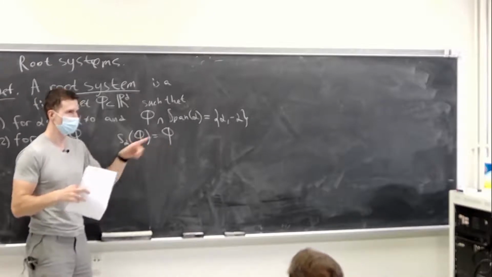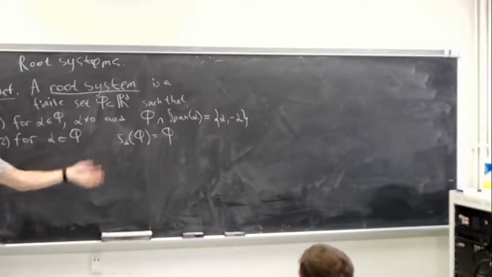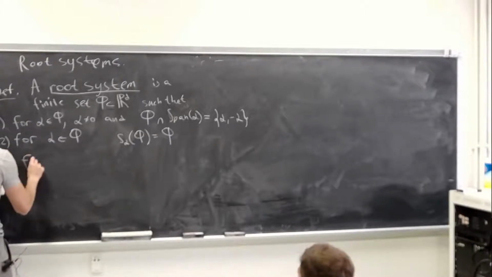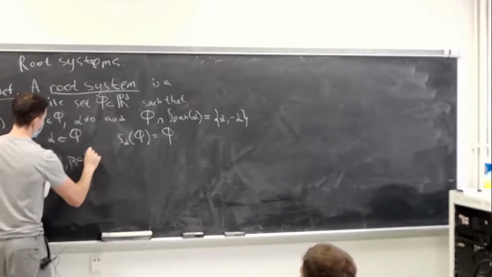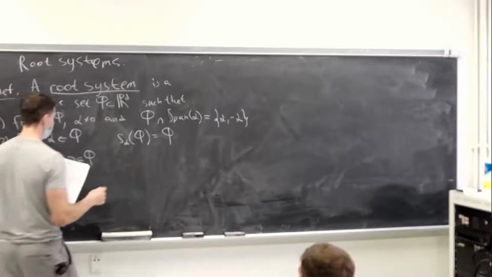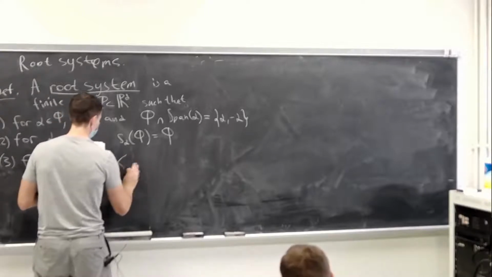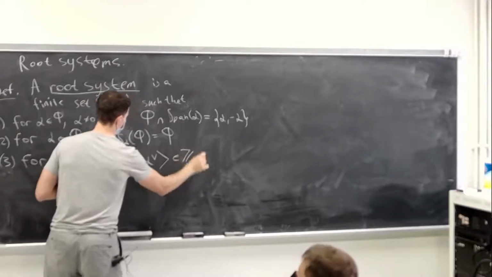If you start with a few vectors and then you start reflecting, you're going to get more and more vectors and more reflections, kind of similarly to what happens for these reflection groups. And finally, if you have two vectors, this condition is going to look slightly weird, but it's called the crystallographic condition. The condition is that the dot product of beta and alpha check has to be an integer.